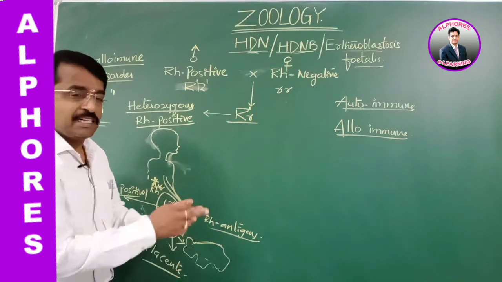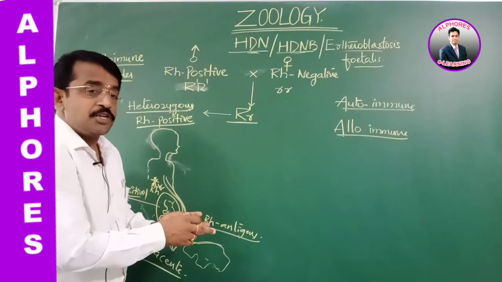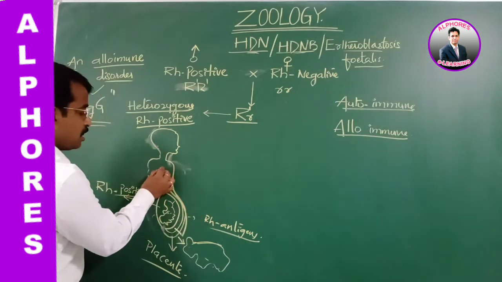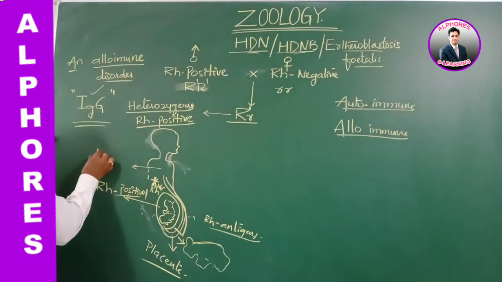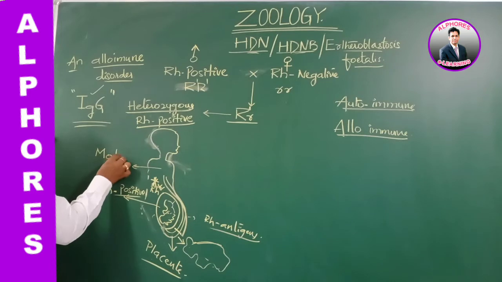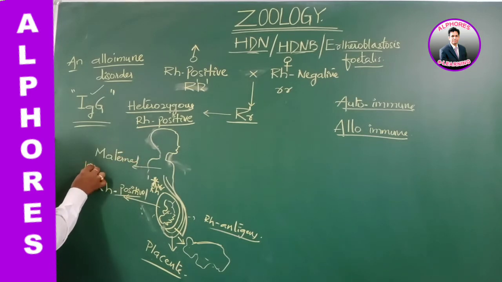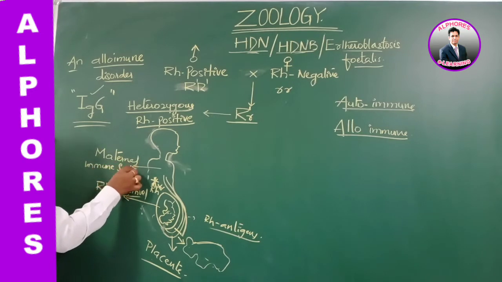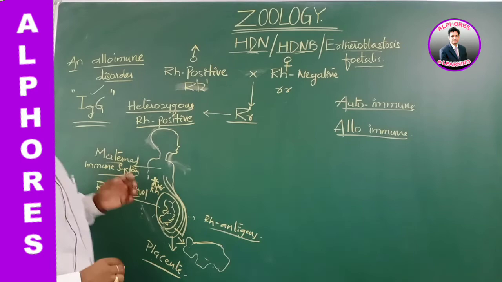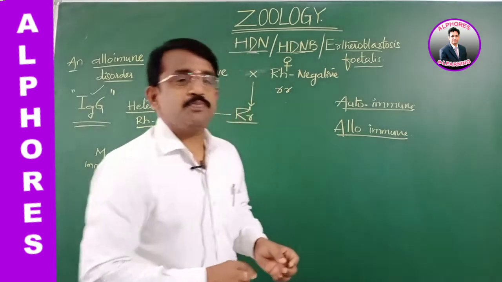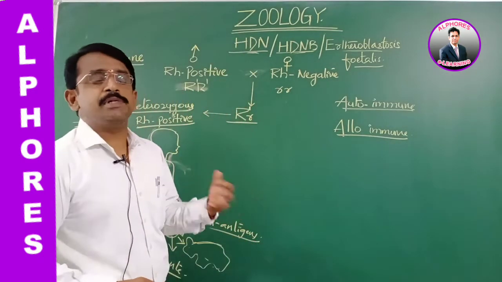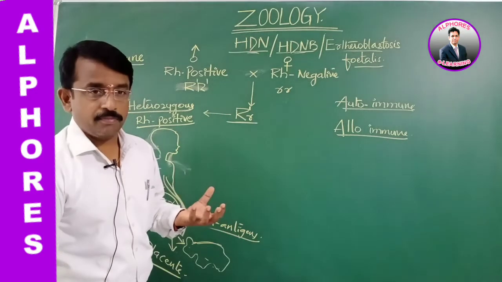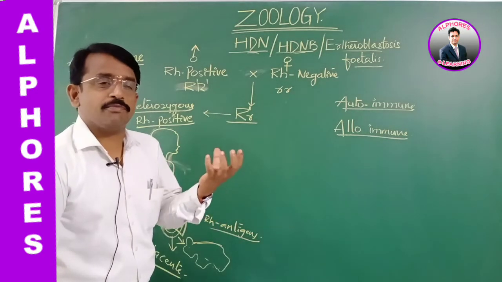This released Rh antigen will reach the maternal immune system. So the maternal immune system sensitizes. Always keep in mind, against an antigen the body immediately responds. This is the functional role of the immune system.